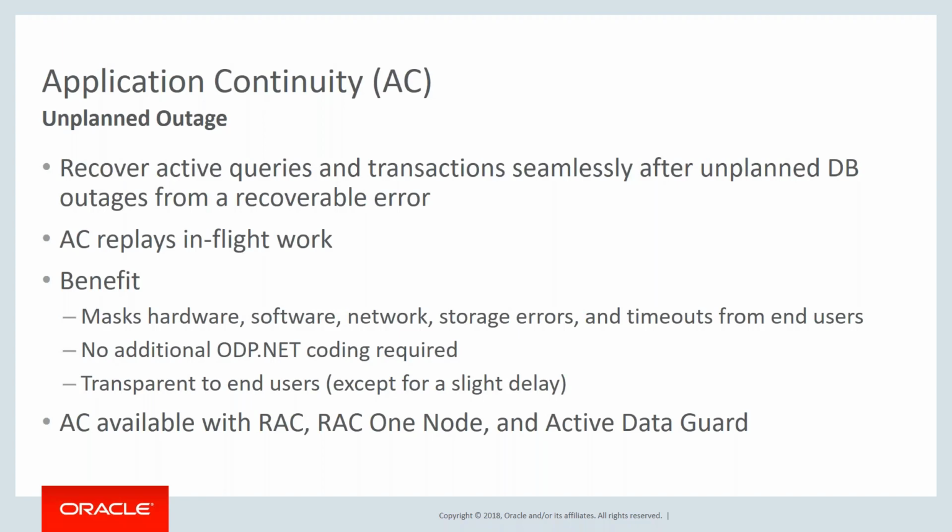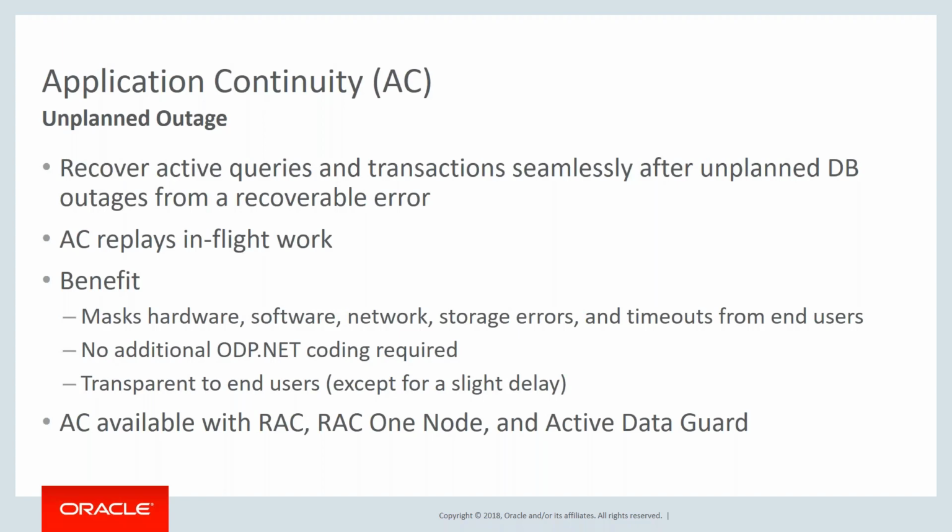So the benefit of AC is the ability to mask many hardware, software, network, and storage errors and timeouts from end users, so that they don't see an error. When an error occurs, it will be handled automatically. So that's easier for administrators. It's easier for you as a developer. There's no additional coding required. And to the end user, what they'll see is just a delay.